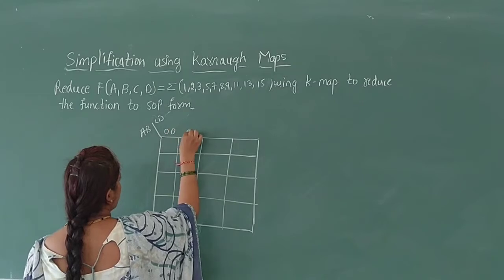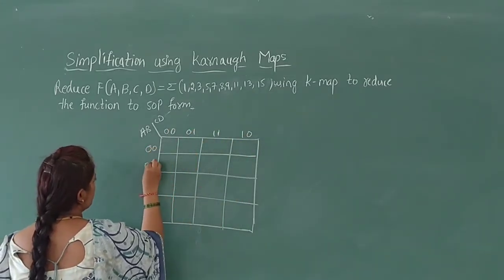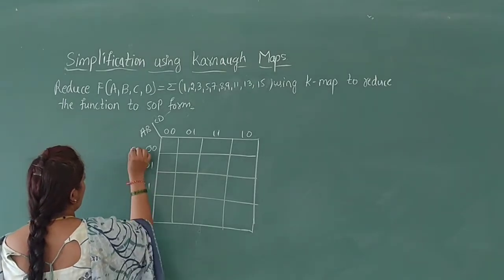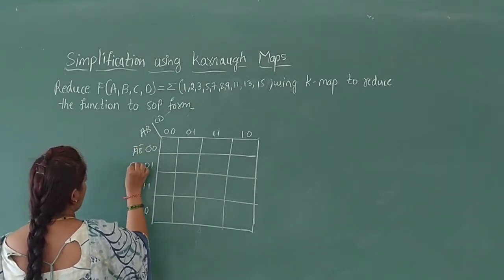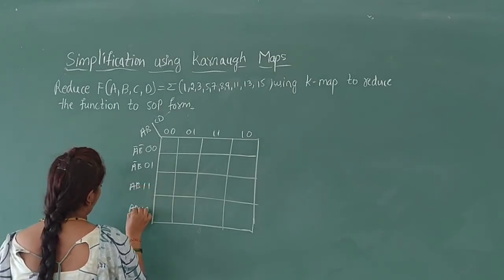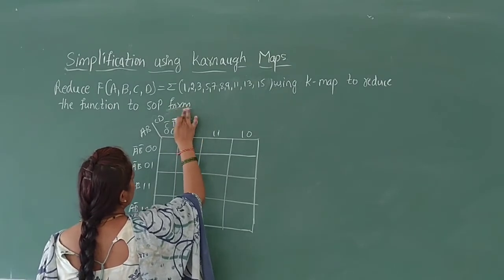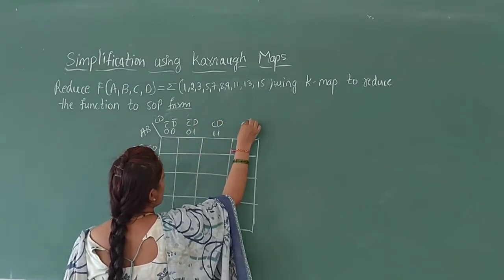Write binary numbers 0, 0, 0, 1, 1, 1, 1, 0. A bar B bar, A bar B, A B, A B bar, C bar D bar, C bar D, C D, C D bar.